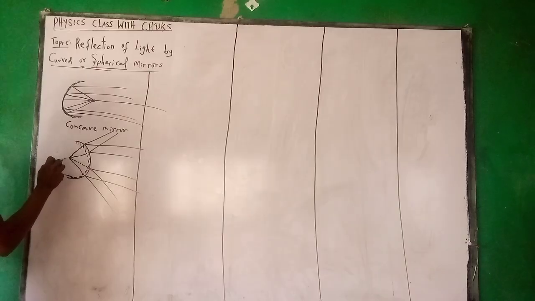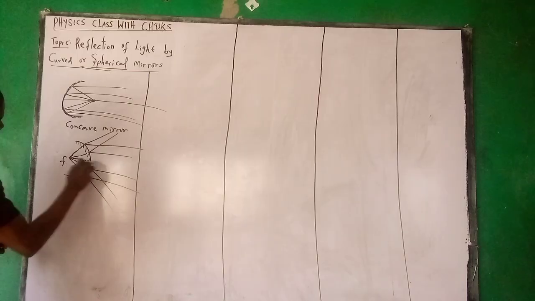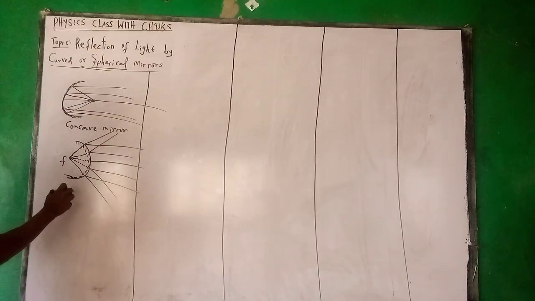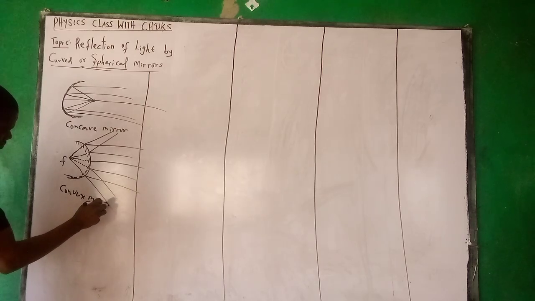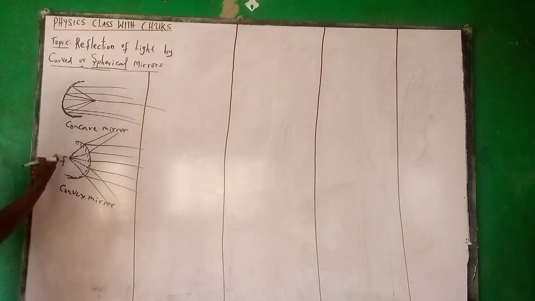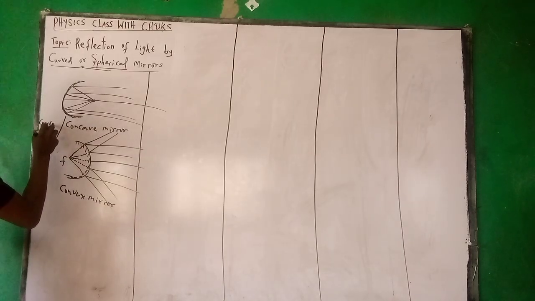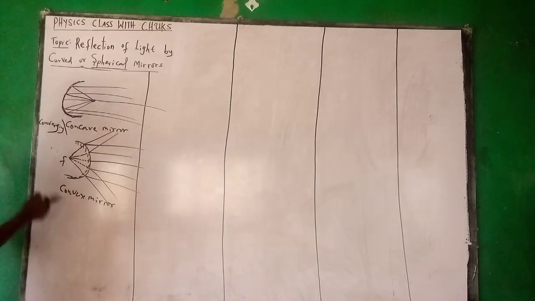This focus here is not real. We call this type of mirror a convex mirror. You can call the concave one converging, and the convex one diverging.